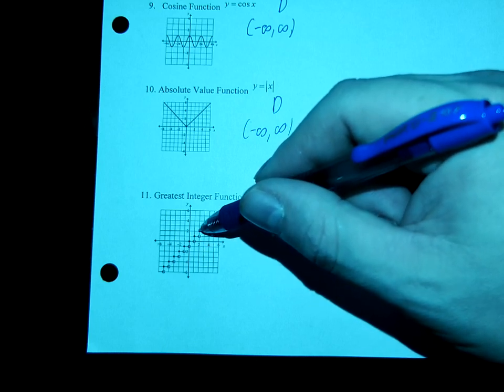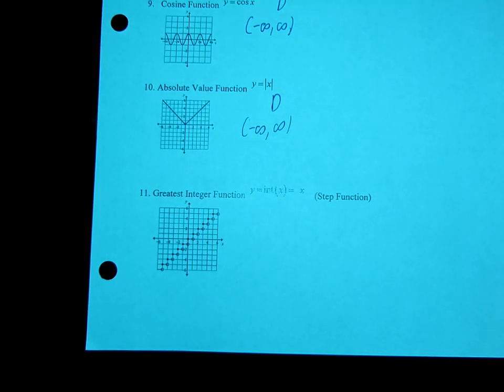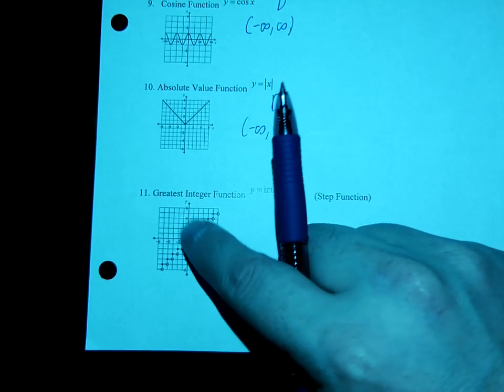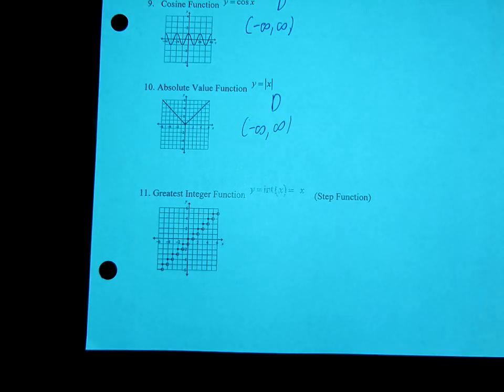For any x value from 2 to 3, your output is 2. I should say not the y value, it's rounding the x value down to be the y value. And it's not really rounding, it's just putting it always down. So an x value of 1.9 would yield a 1 for the y value, in other words.